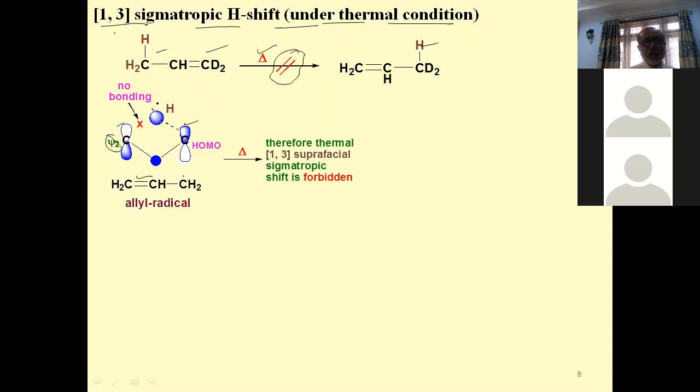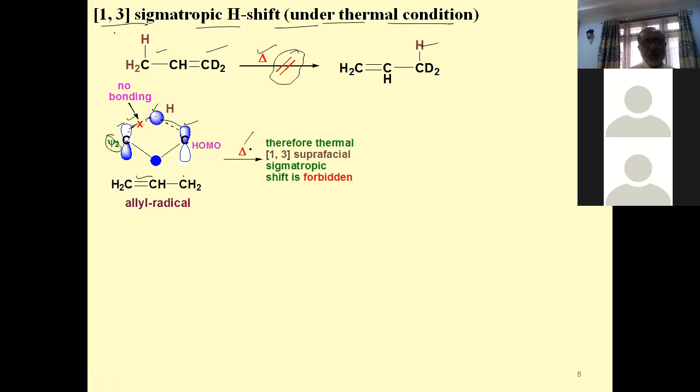And the hydrogen is coming with its lobe here with one phase, say in our picture, the blue phase. So it will overlap with this one, but for migration, this should also be overlapping with the same phase. So it is not going to happen. So this migration is going to be a forbidden migration.